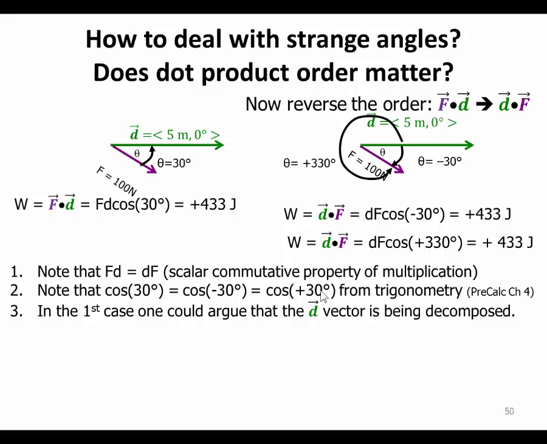Now, there's another way to explain why this commutation works. Let me give a case here. It looks up here as if we have d cosine of 30. So it looks like we've taken our d vector, our displacement vector, and multiplied by the cosine of 30 as if we're decomposing it in the x direction.